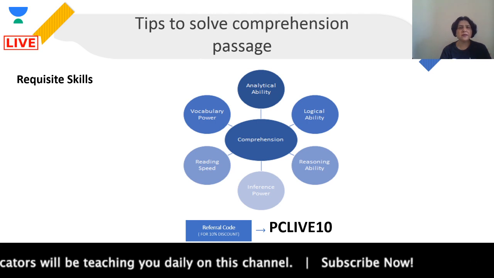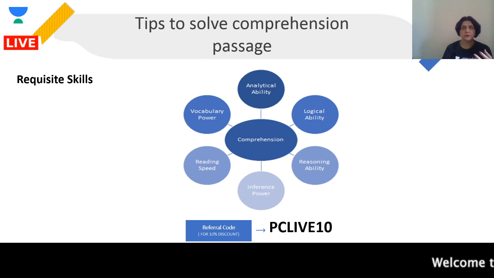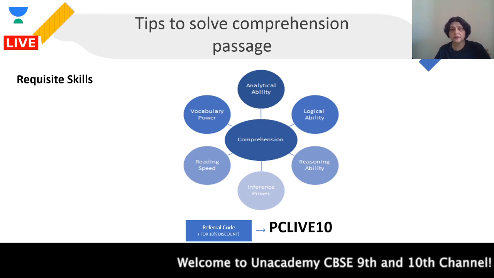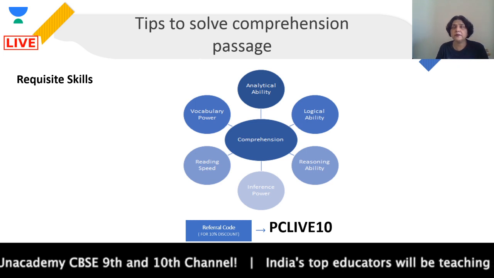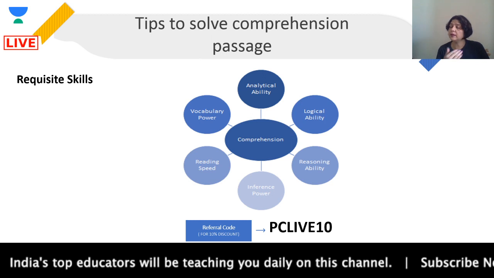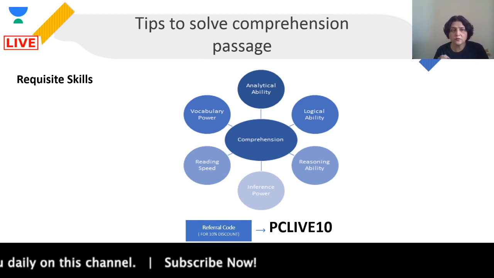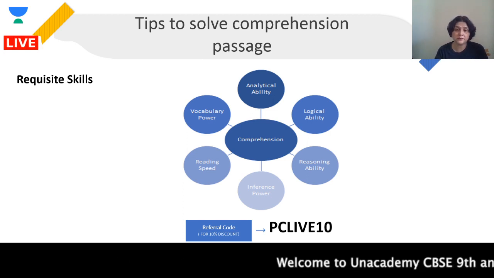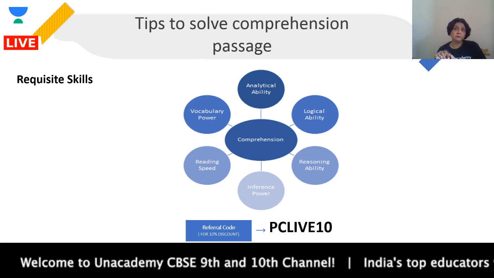And if you have that particular reading speed, and your analytical ability, and your ability to reason why such and such question has been given, why these facts and this data have been given, what the inferences are, what I can understand from the implicit meaning of the passage, then only you will be able to solve a comprehension passage with full justice. And that is how you are going to score more.